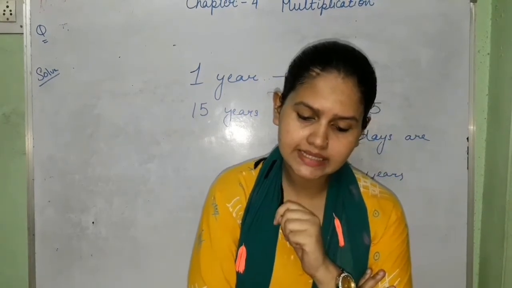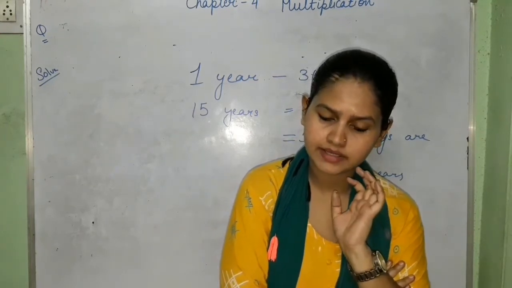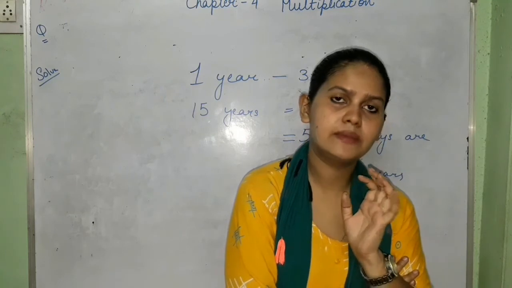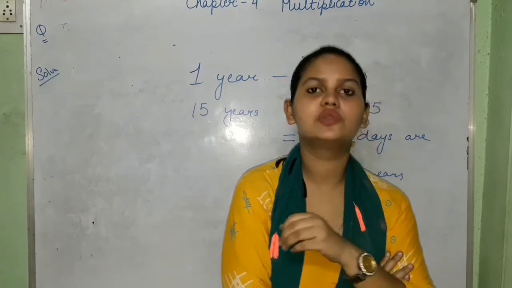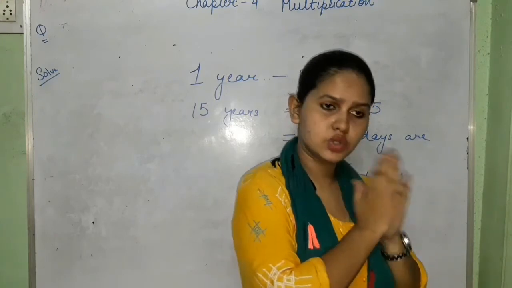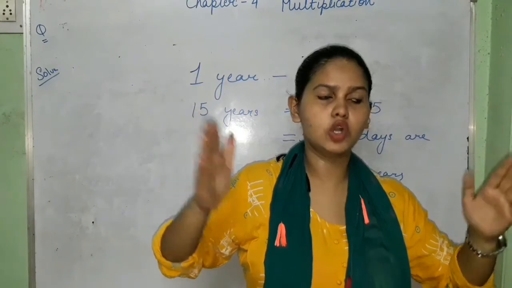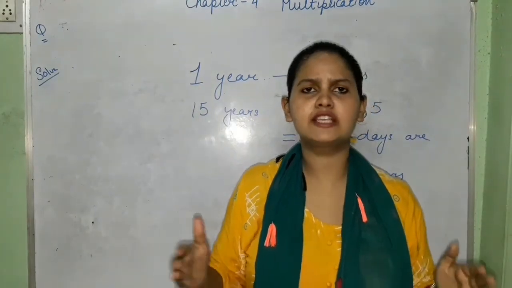So in the last one, the 7th, how many biscuits are there in 400 packets, if one packet has 20 biscuits. As we did earlier in the statement sums, what is given to us? The one packet quantity is given to us, and you have to find a larger quantity, 40, 50, 60, 70.